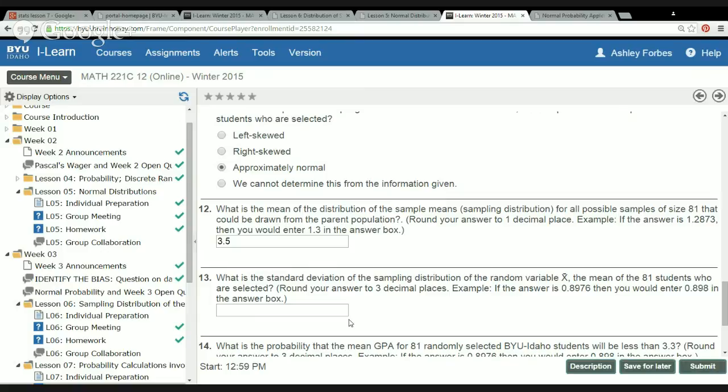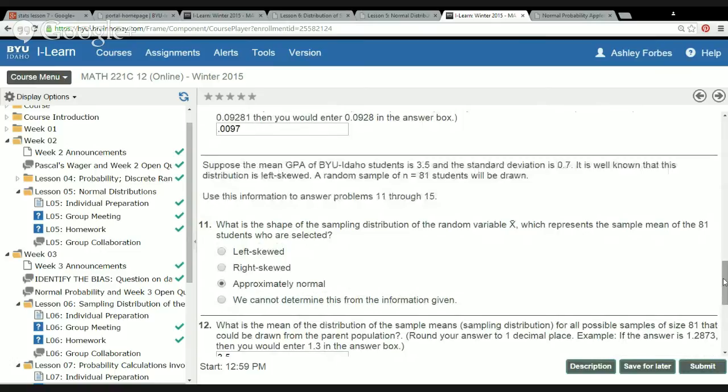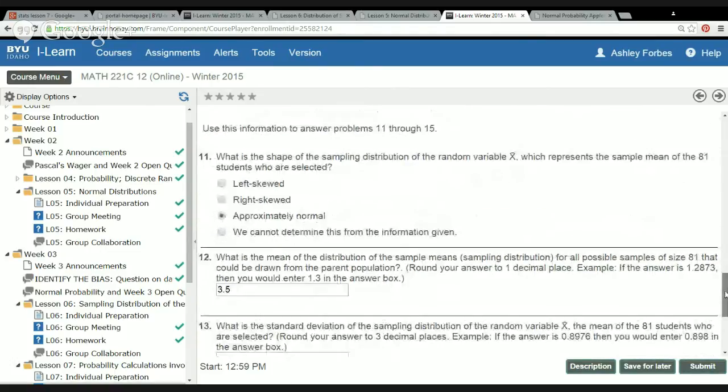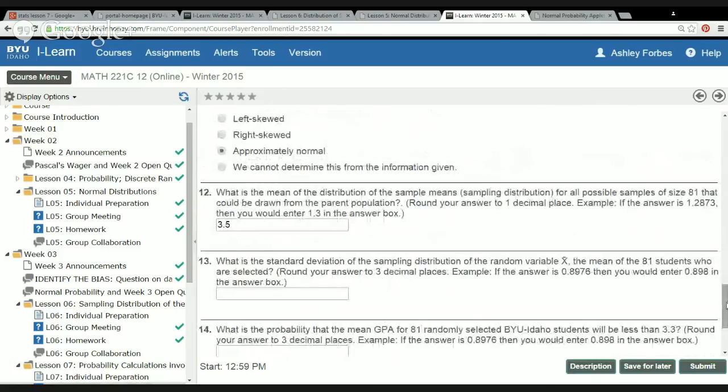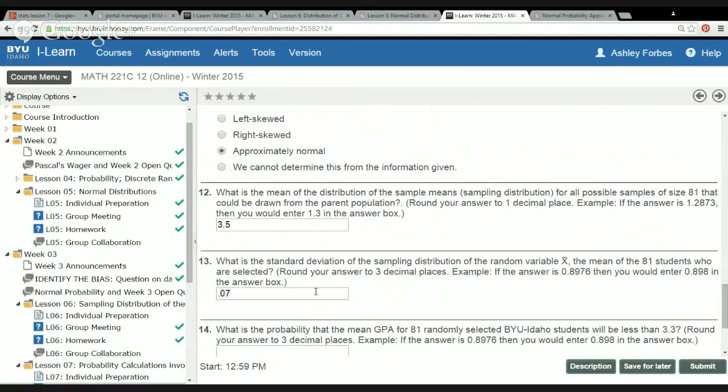Are you doing 0.07 divided by 9? Is it 0.07 or is it 0.7? Oh, it's 0.7. Okay, I might have messed you up on that one because I read it as 0.07. Sorry. So 0.7 divided by 9. So 0.078. Is that what you got? Yes. Okay.